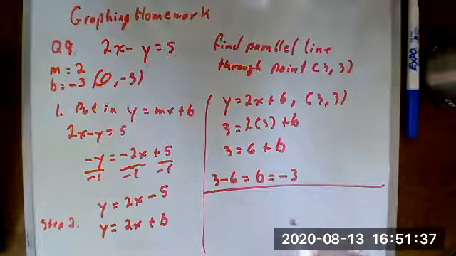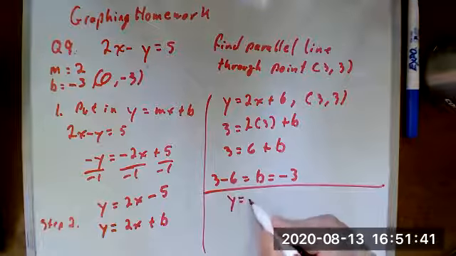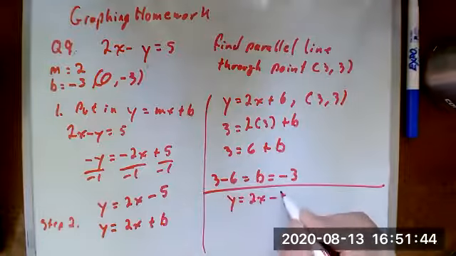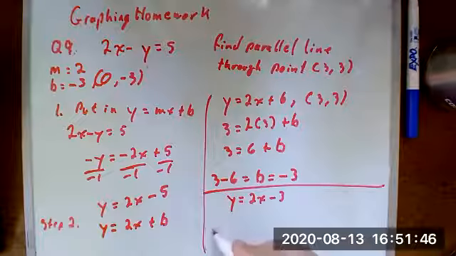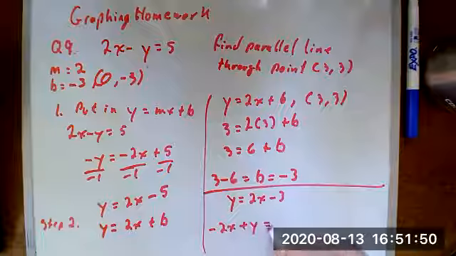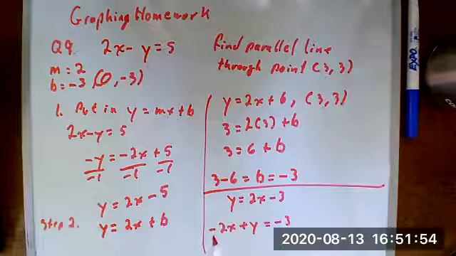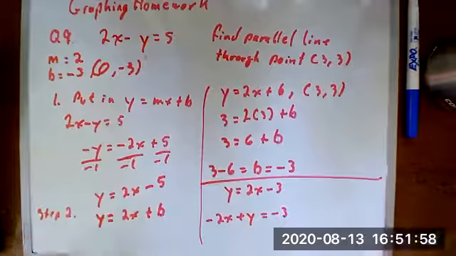Then we need to put this all back into standard form. So y equals 2x minus 3. The 2x comes back over. I get negative 2x plus y equals negative 3. Some people don't like the negative as the first term, so we'll change the signs on everything.